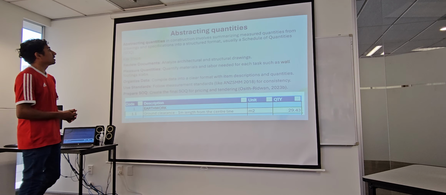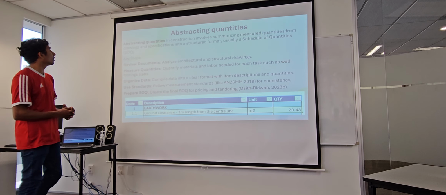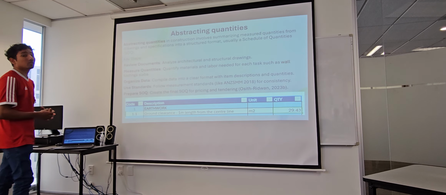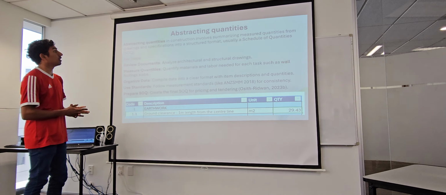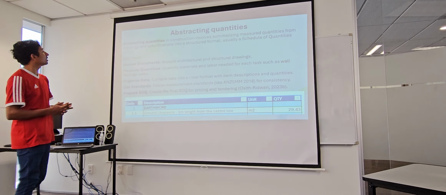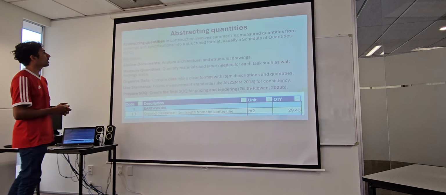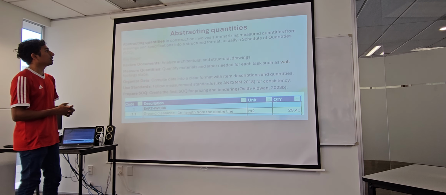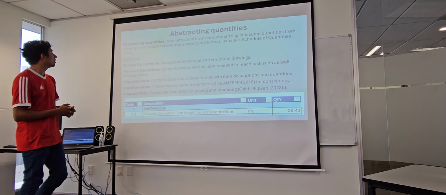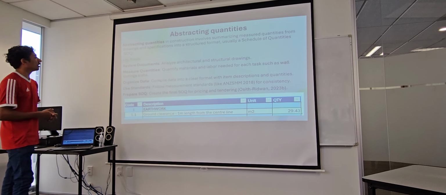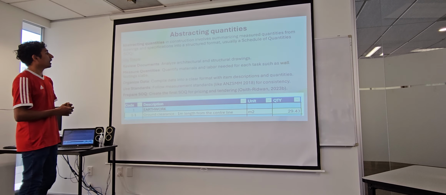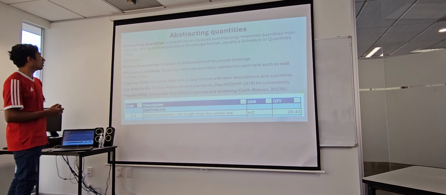The next slide is about abstracting quantities. Abstracting quantities in construction involves summarizing measured quantities from drawings and specifications into a structured format, usually as SOQ. The key steps include reviewing documents, where we analyze architectural and structural drawings.